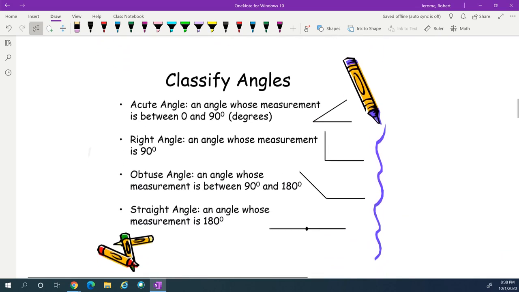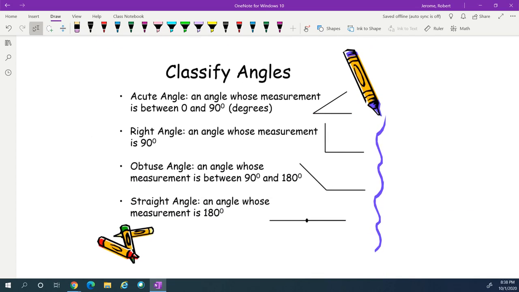When it does come to measurement, we're going to figure out the measurement of angles, and we just put a little m in front of it all. But let's talk about classifying angles. There's 4 different kinds of angles that we'll be working with. Acute angles measure between 0 and 90 degrees. A right angle is exactly 90 degrees. And sometimes, to tell us there's a right angle, we'll see a little box in the corner, that right angle indicator.